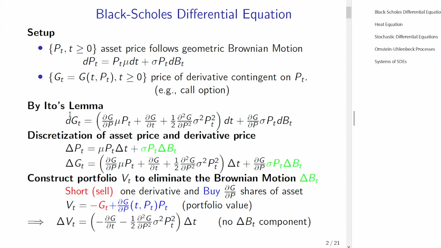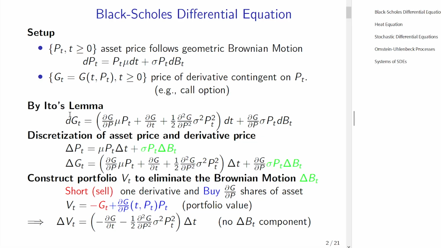Now, if we think about discretizing the price dynamics of the asset, the increment in P_t is a mean growth rate times delta t plus sigma P_t delta B_t. So there's a random term and a deterministic term.